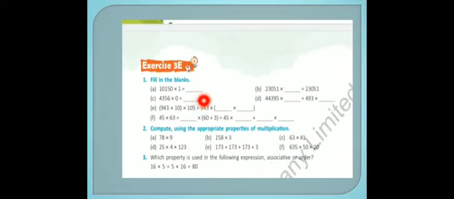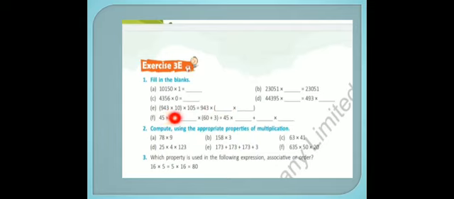Now this is the property of 0. If you are multiplying any number by 0, you will get the answer as 0. So here, the number which is given over here, multiplied by 0, you will get the answer as 0. Now this is another property which you know already.